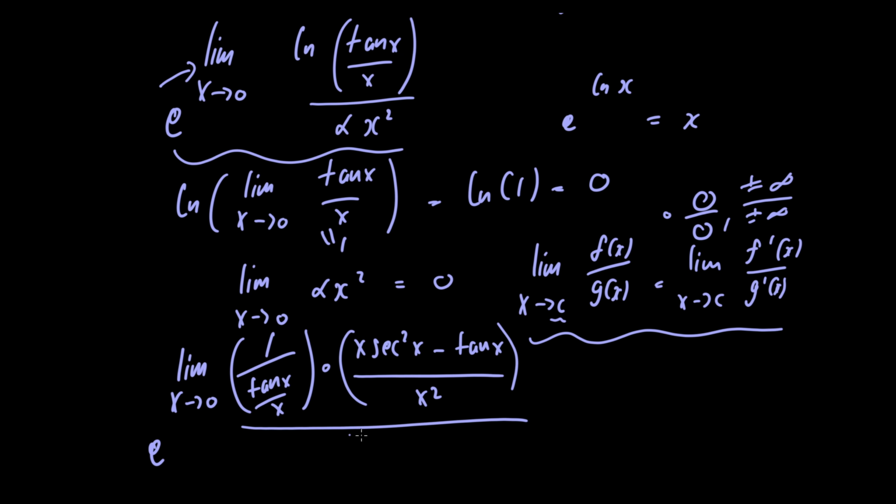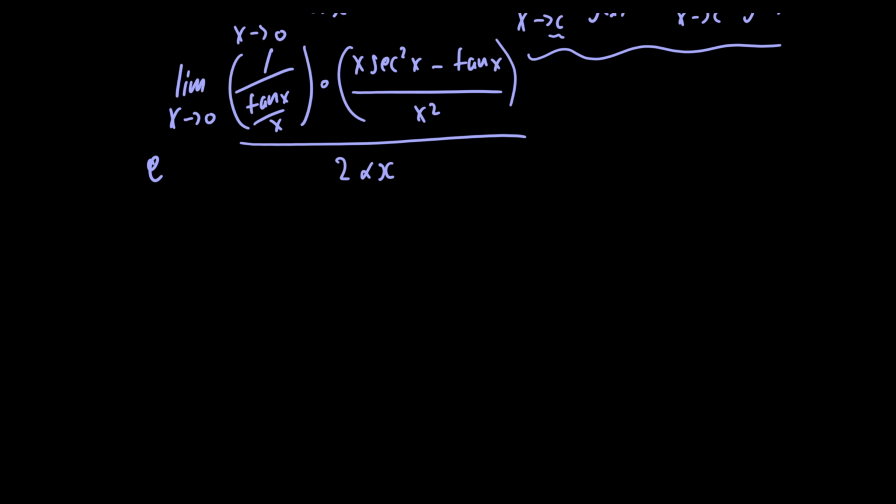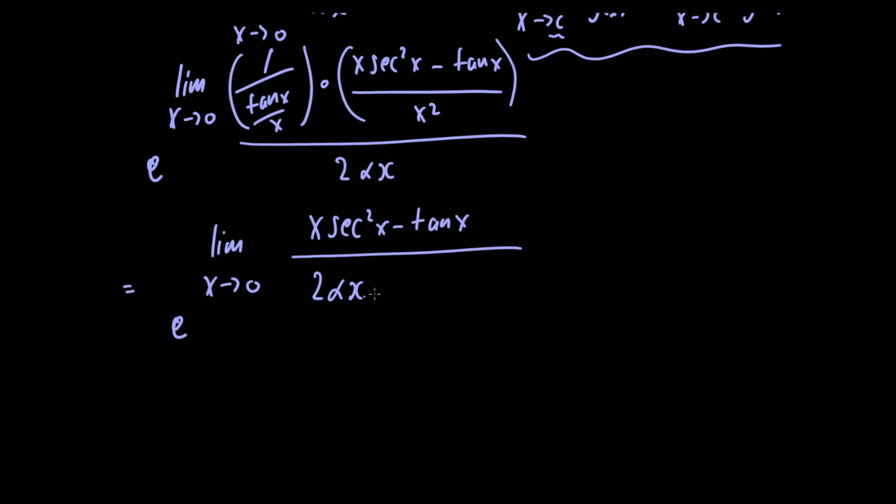And this is divided by 2 times alpha times x. We can tidy up our expression. Doing so, we have e raised to the limit as x approaches 0 of x multiplied by secant squared of x minus tangent of x, divided by 2 times alpha times x squared times tangent of x.